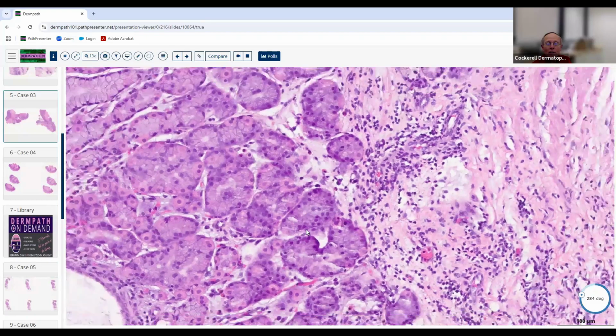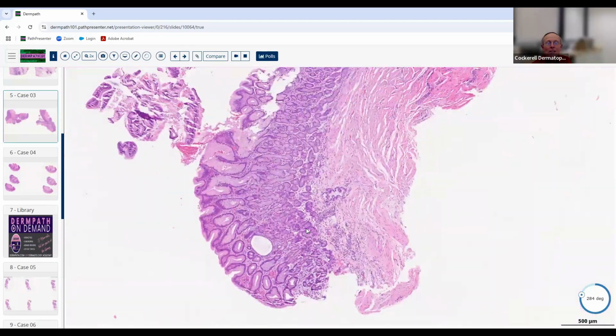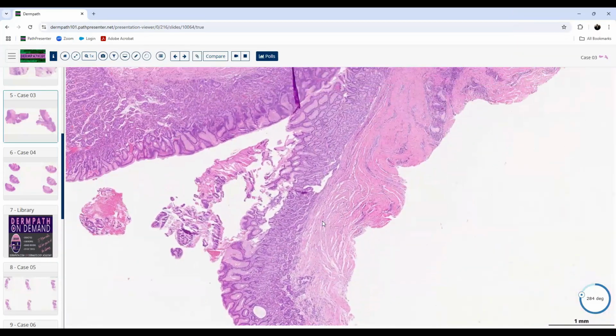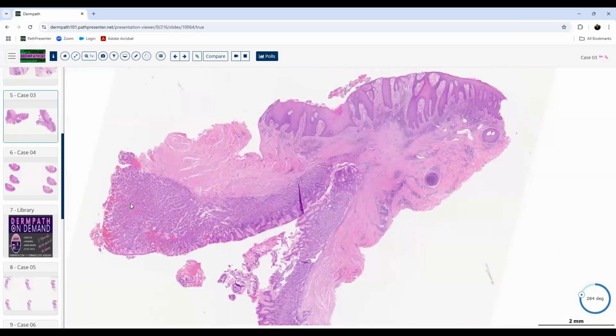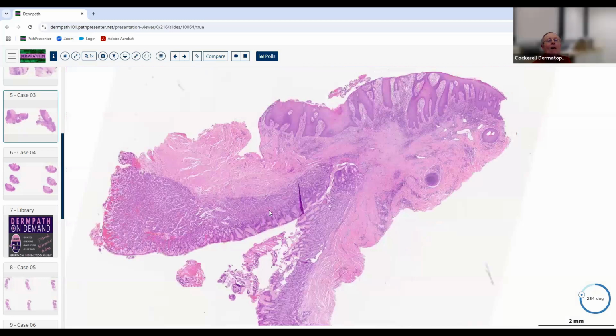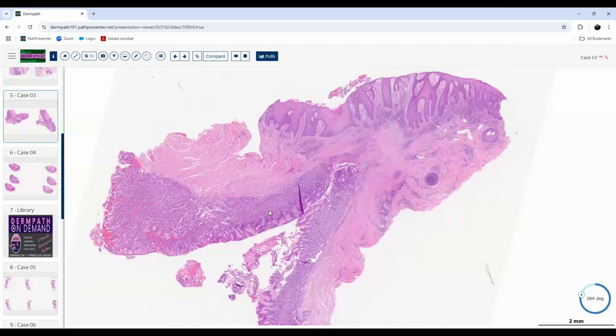So what's going on here? So we think it's likely some GI tissue that's very close to the skin. Okay, good. We thought the GI features were kind of like duodenum potentially.